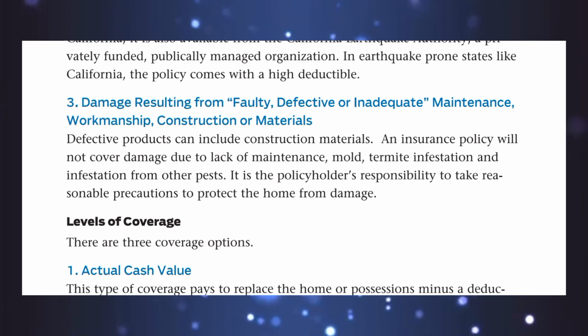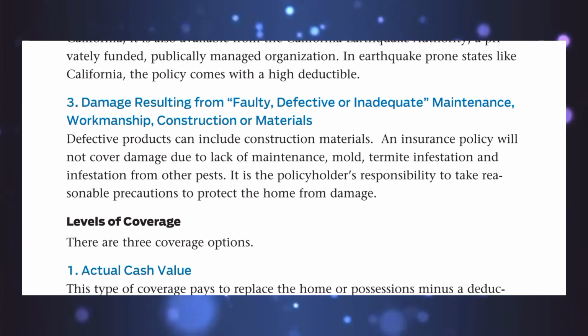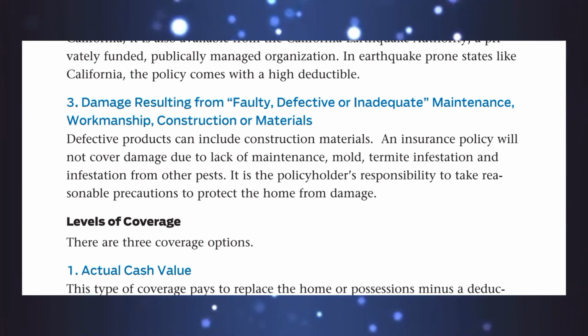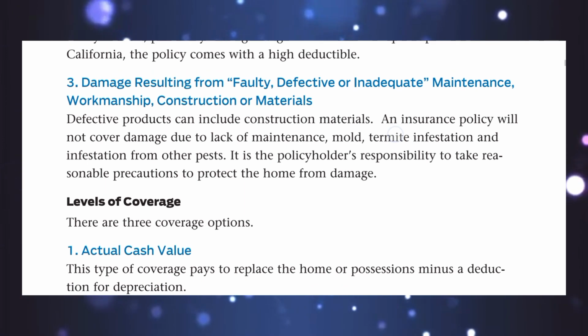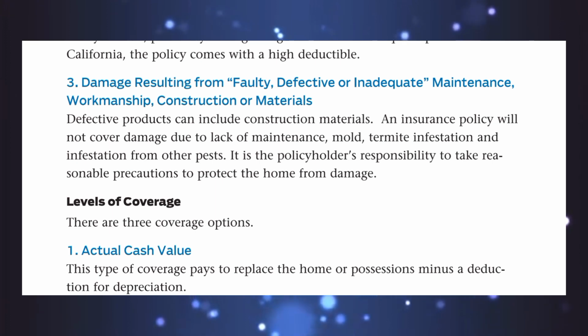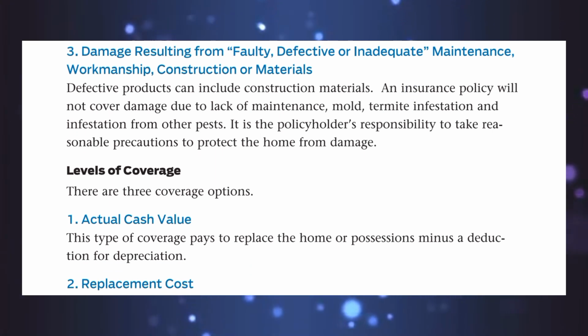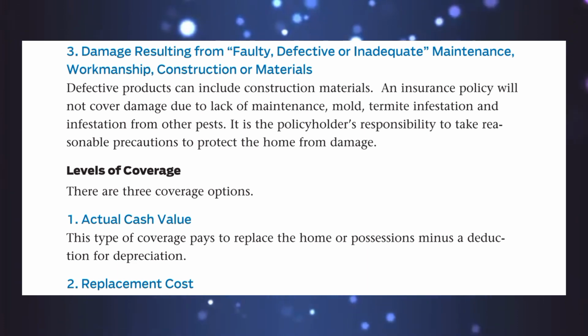An insurance policy will not cover damage due to lack of maintenance, mold, termite infestation, and infestation from other pests. It is the policyholder's responsibility to take reasonable precautions to protect the home from damage.